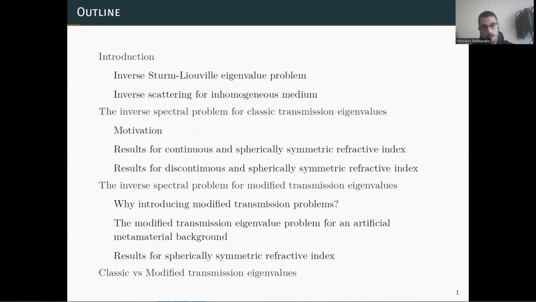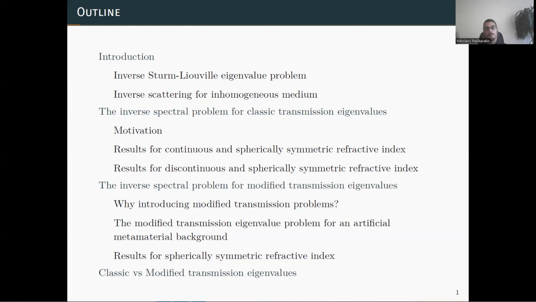Then we're going to discuss the inverse spectral problem for classic transmission eigenvalues in the spherically symmetric refractive index case, where we will discuss some physical motivations, the case of the continuous refractive index, some results for this, and some more recent results when the refractive index can also include some discontinuity.